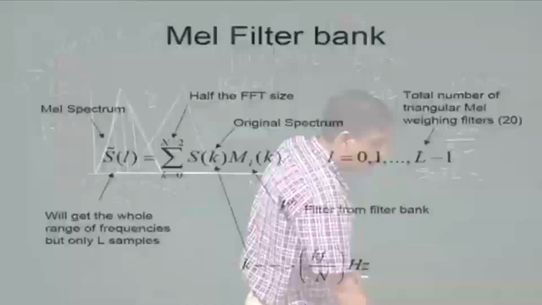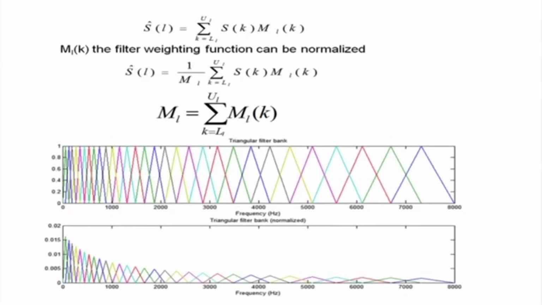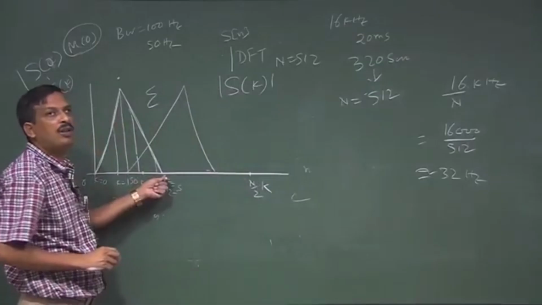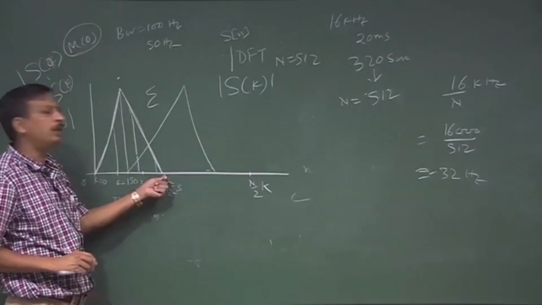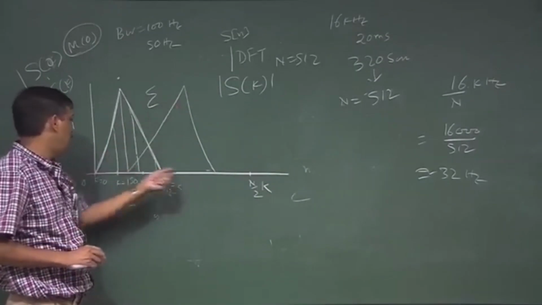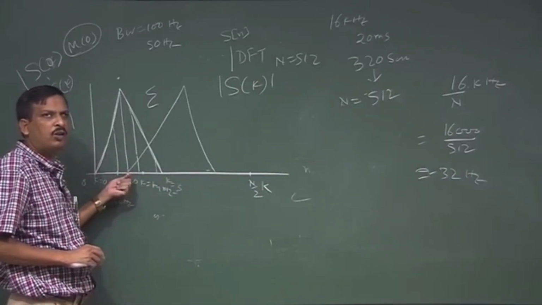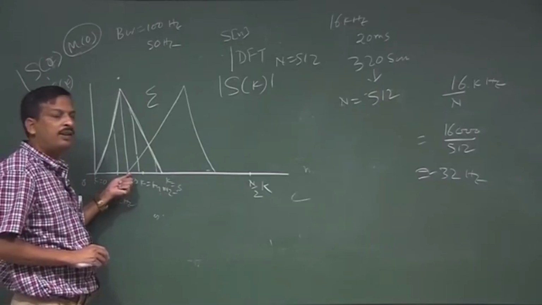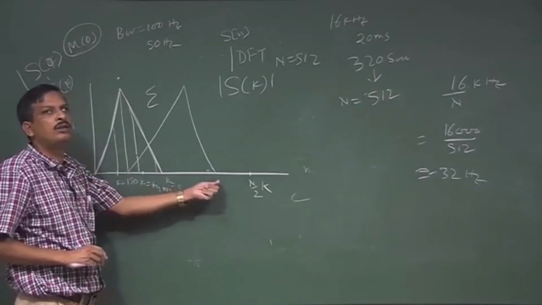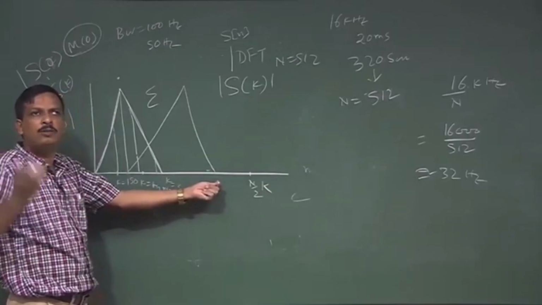So, the equation becomes: Sk is the spectrum, Mlk is the filter weight function, multiplied and summed for k equal to LL to UL. LL is k equal to 0 and the upper limit is k equal to 3. Similarly, for the next filter, centered at 50 hertz, k equal to 1 to 5, I can calculate that.